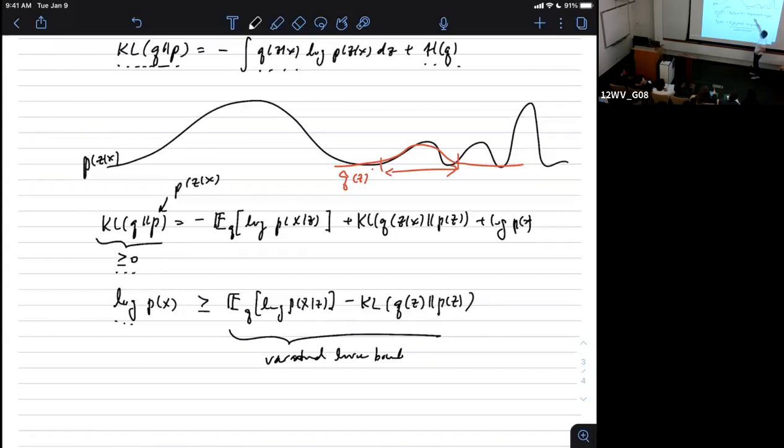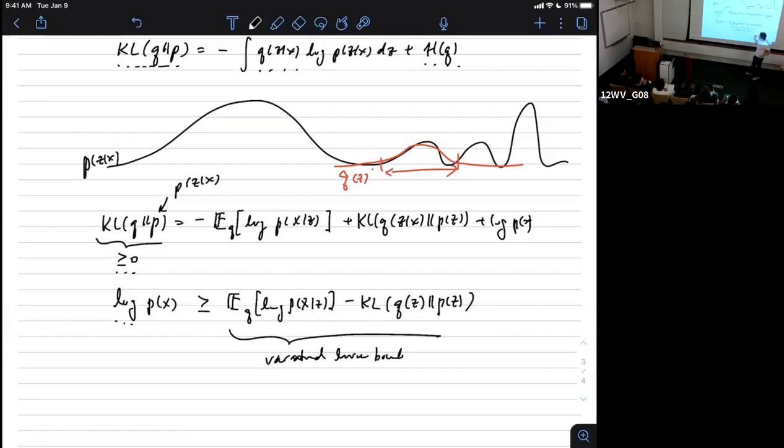Now this term does depend on Q. And then this term does depend on Q. So in other words, variational inference is identical to minimizing these first two terms only, because the third term doesn't appear. But then what is this variational lower bound? This is the negative of these first two terms.